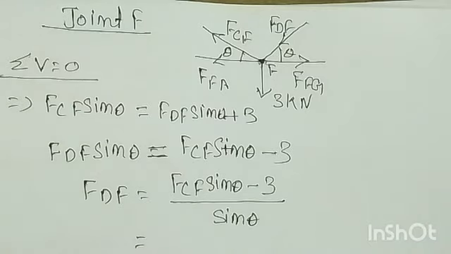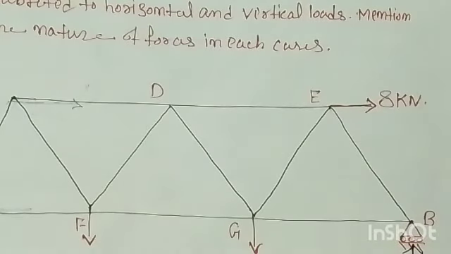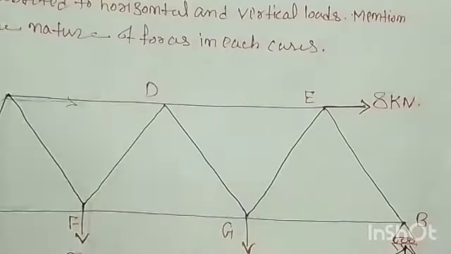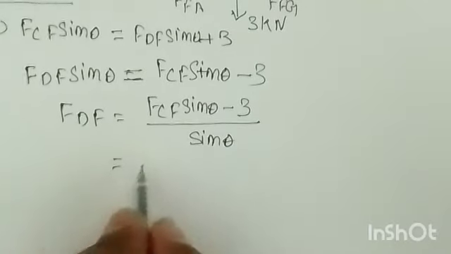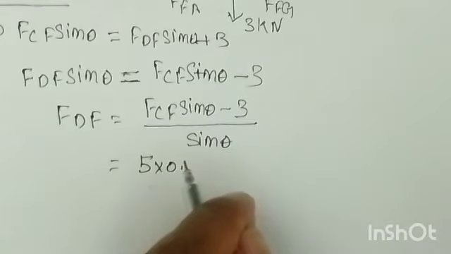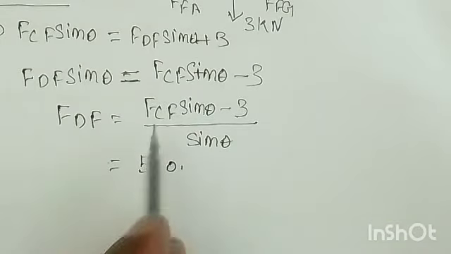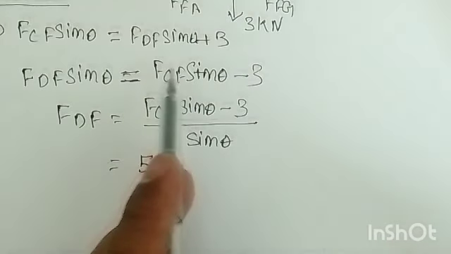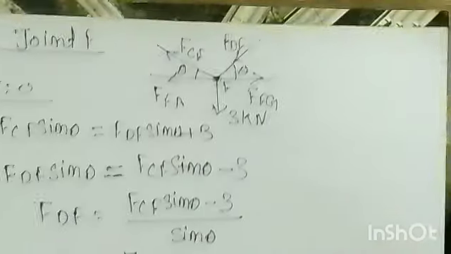I will check. Yes, so sin theta is 0.6. So when you substitute, you will get FDF. So here put the values. FCF is 5 into 0.6, right? Wait.